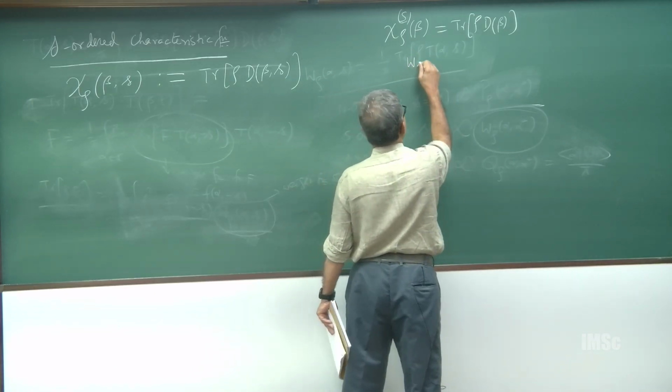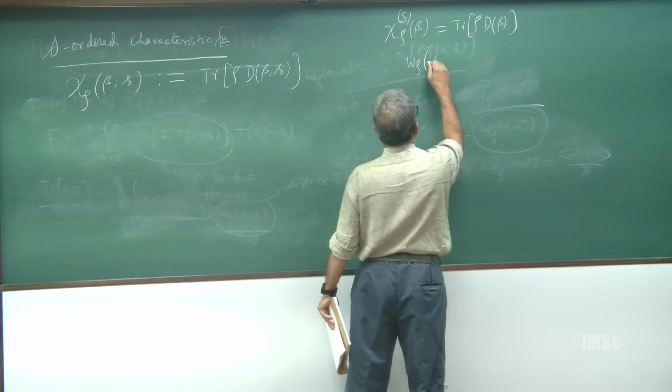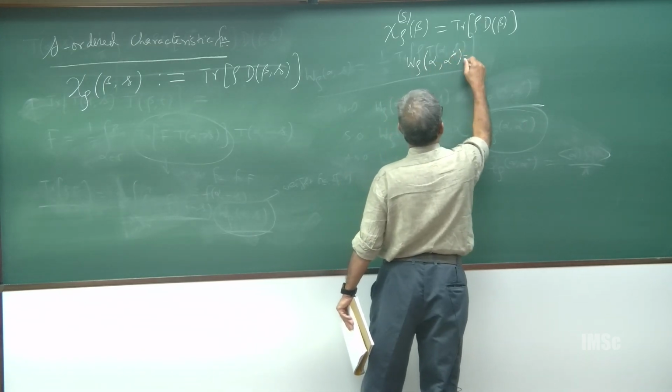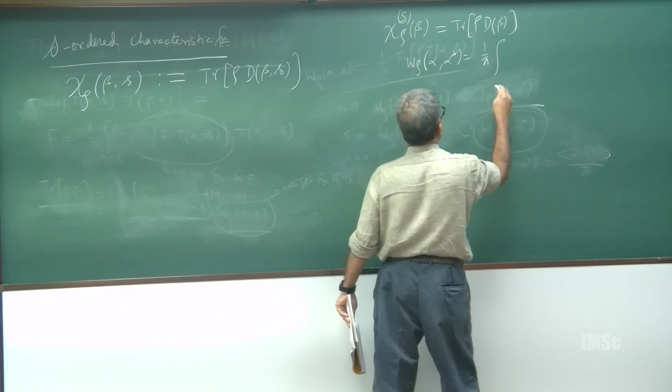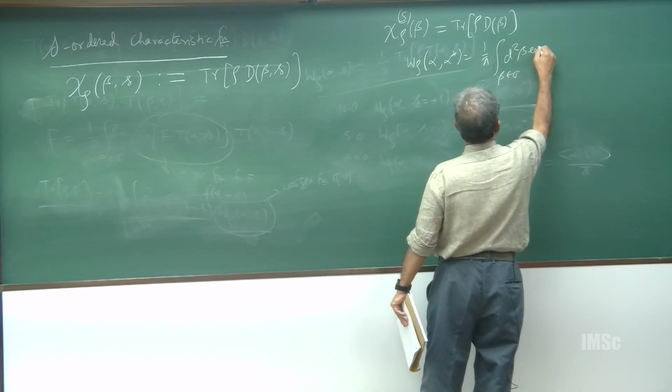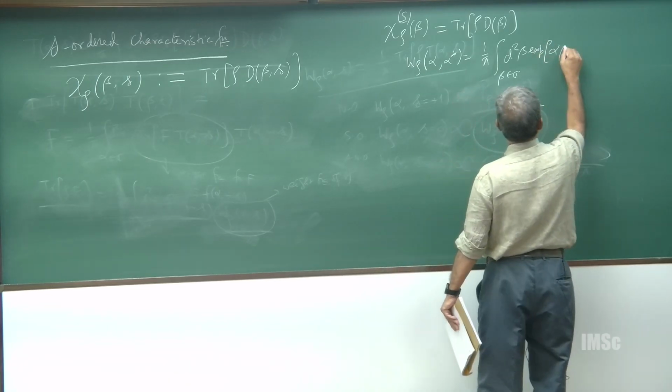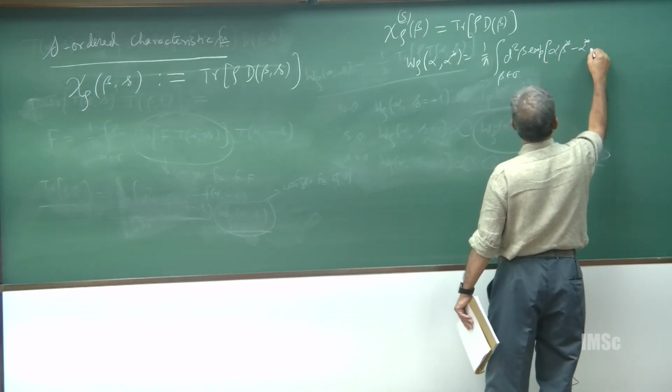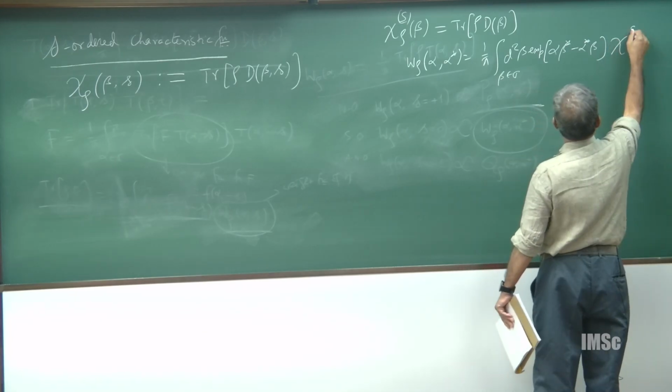So, the Wigner function of alpha star will be 1 upon pi, the complex Fourier transform, beta belonging to C, d square beta, exponential of alpha beta star minus alpha star beta, of the characteristic function.